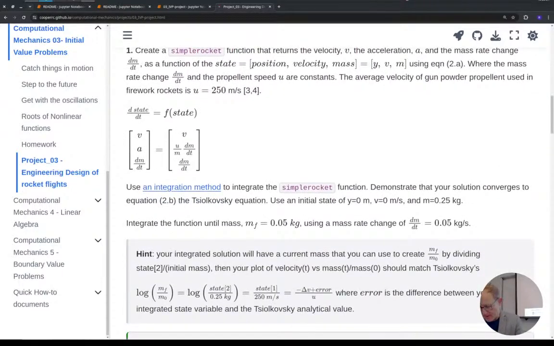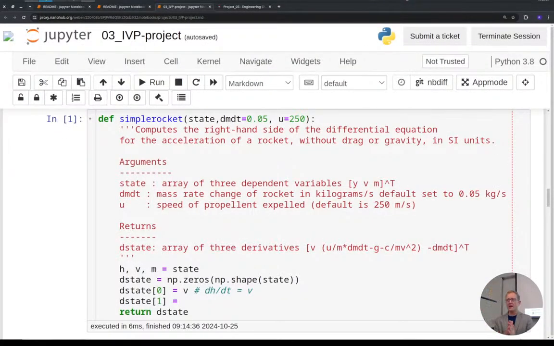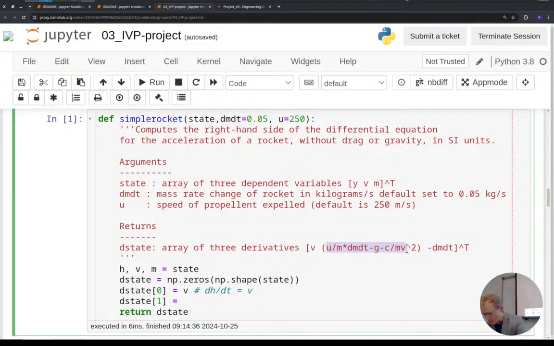All of that is to say, simple rocket. Some people were taking this from the documentation, and Professor Cooper is big on documentation.